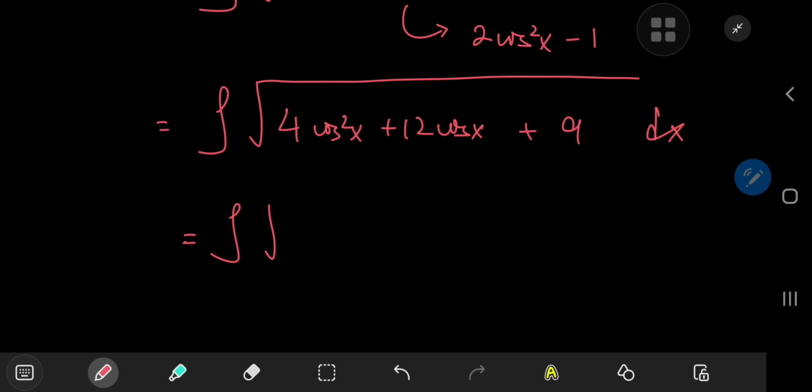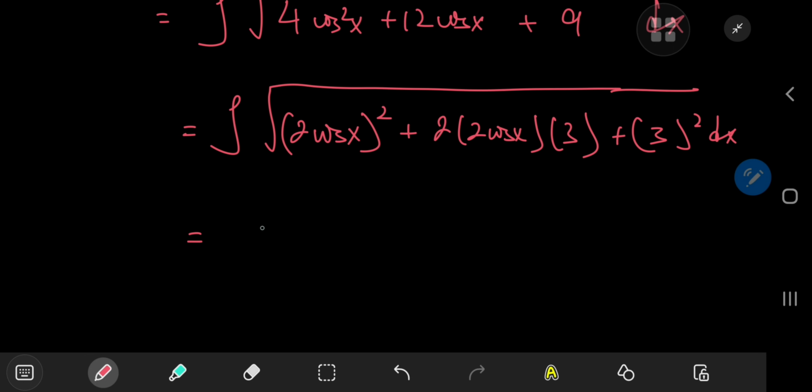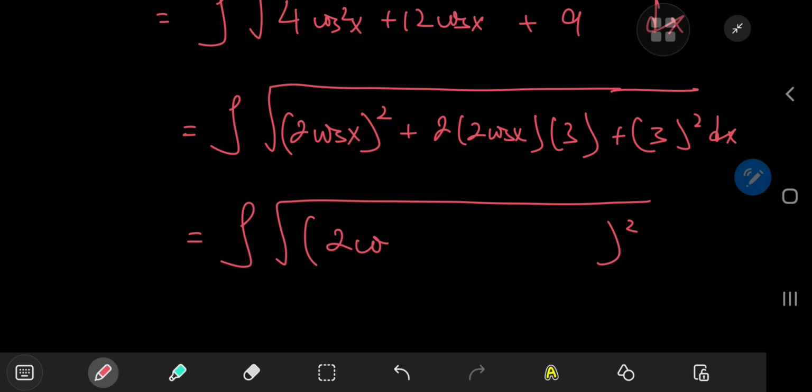So you can write this as the integral of the square root of 2 times the cosine of x squared plus 2 times 2 cosine x times 3, which sits well with the 9 term here because it's the square of 3. Alrighty then. So we have the integral of the square root of the square of 2 times cosine x plus 3.